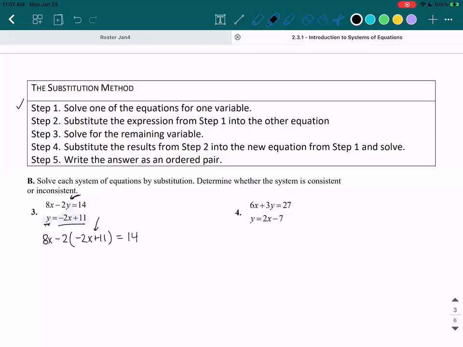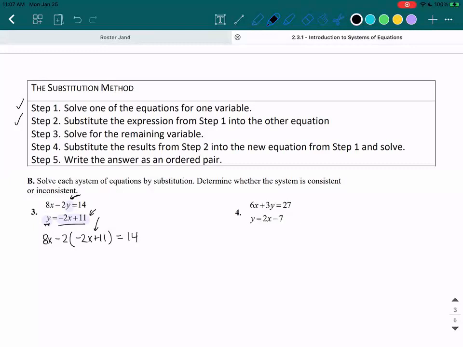All I did was rewrite 8x minus 2y, except this is our y now, equals 14. So that is step 2. We just substituted the expression from step 1 into the other equation. We substituted this piece into the y.